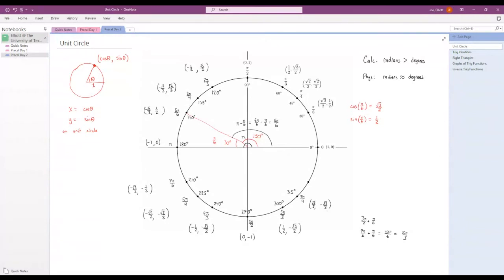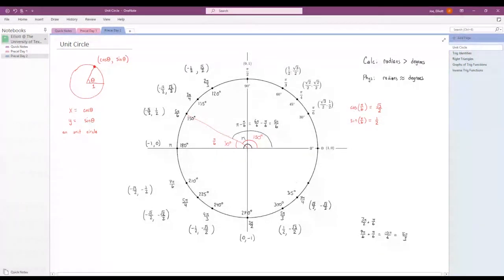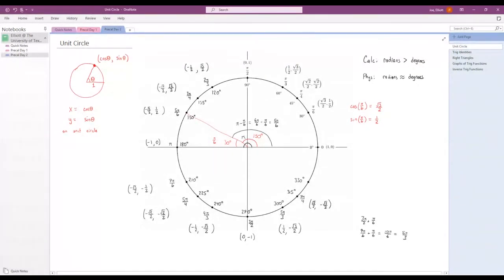Right, and then this last one, you could add 60 to 270, and that gives you 330. So then you can also add pi over 3 to this, and if you simplify, it gives you 11 pi over 6 in radians.